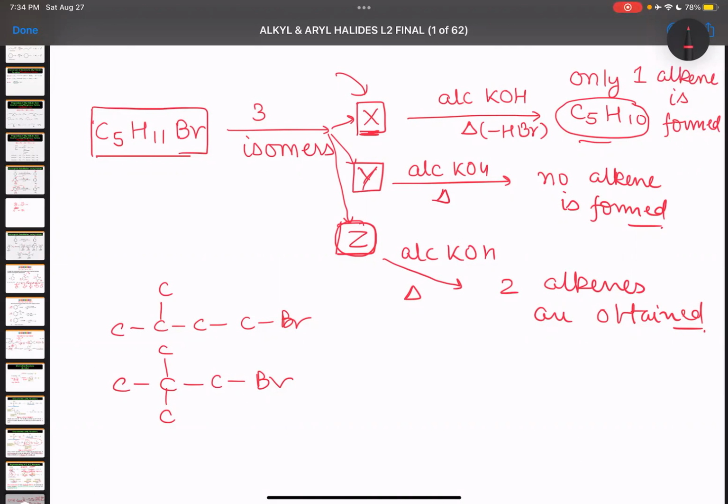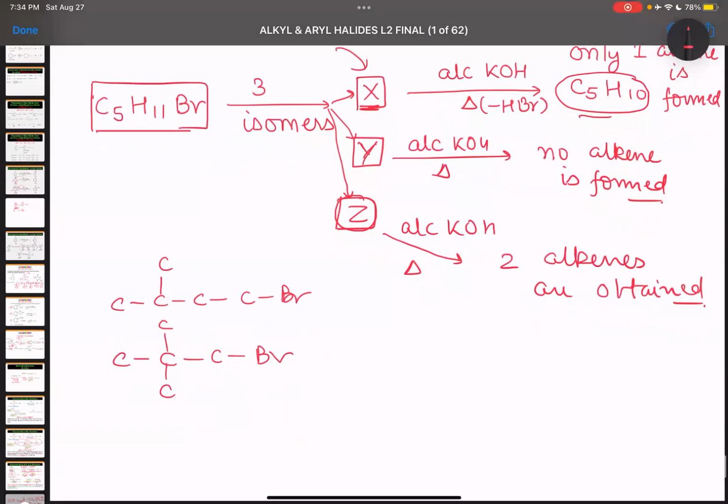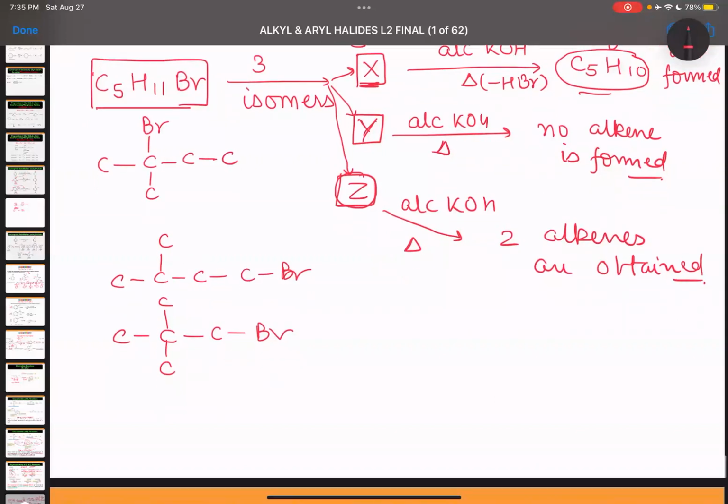So I will give you the hint. These are pentyl bromides, or bromopentanes. You can select which one is X, which one is Y, which one is Z. I have not written hydrogen, just to keep it simple.